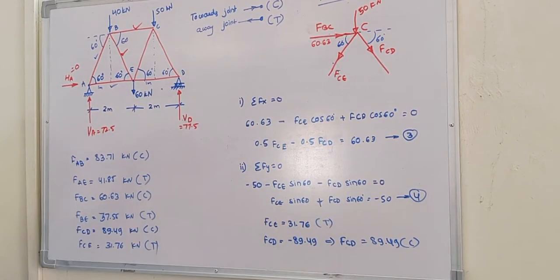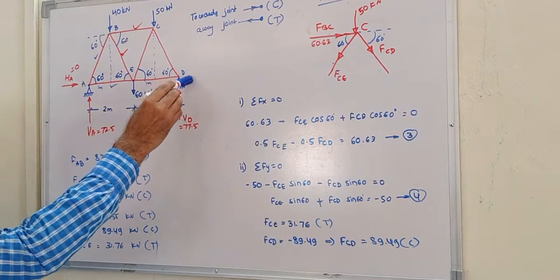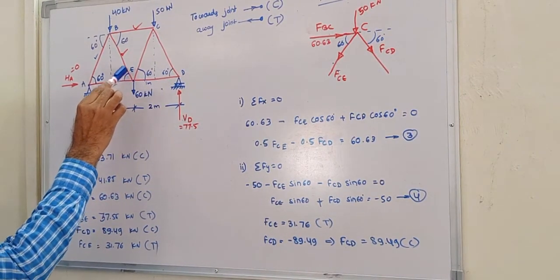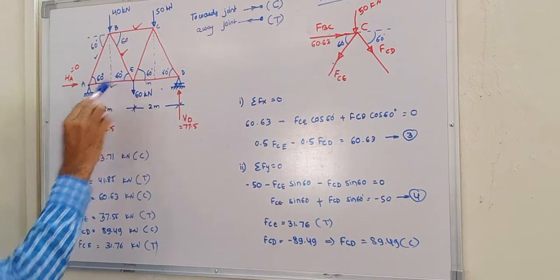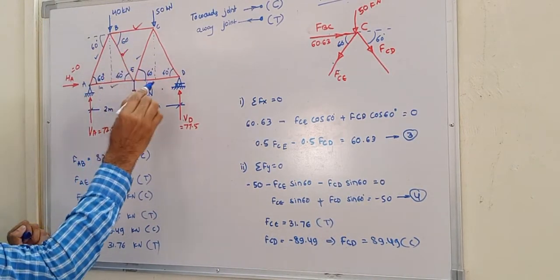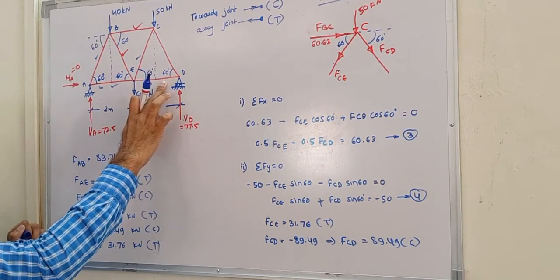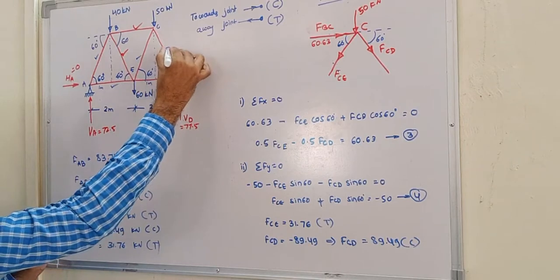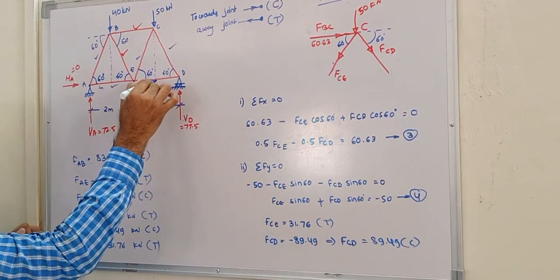So next what we'll do is we'll come back to this point D. So anyway, if you go to this also, how many members are there here? 1, 2, 3, 4, and we know the value of this one, and we have calculated this one, and we have calculated this one now. So only unknown is this one. Okay, or even you can come to this also. So we have calculated this also already, and only unknown is this.